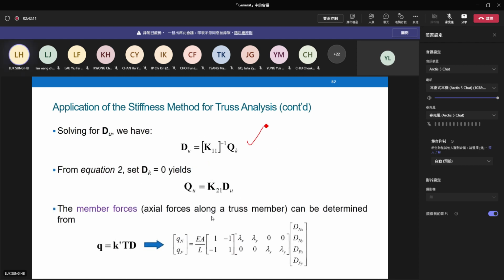That's why if you are able to find the inverse of K11 by conducting these matrix multiplications, it gives you the unknown displacement immediately. This is how you can do structural analysis using matrix method, by using matrix multiplication, using matrix inverse, and so on. In the example, I will let you know how to play with this equation.